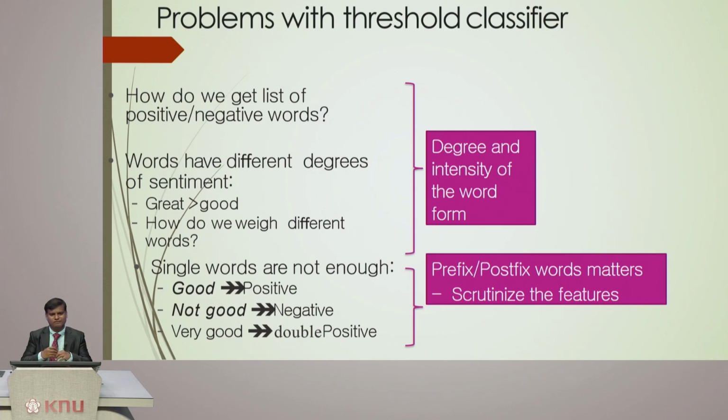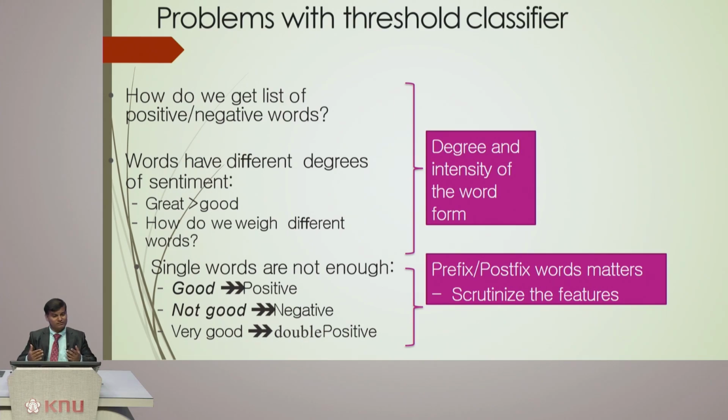Then comes the other problem: sometimes a single word is not enough to determine the sentiment, whether it's positive or negative. For example, you have words like good, which is positive, and sometimes you have not good, that is negative.